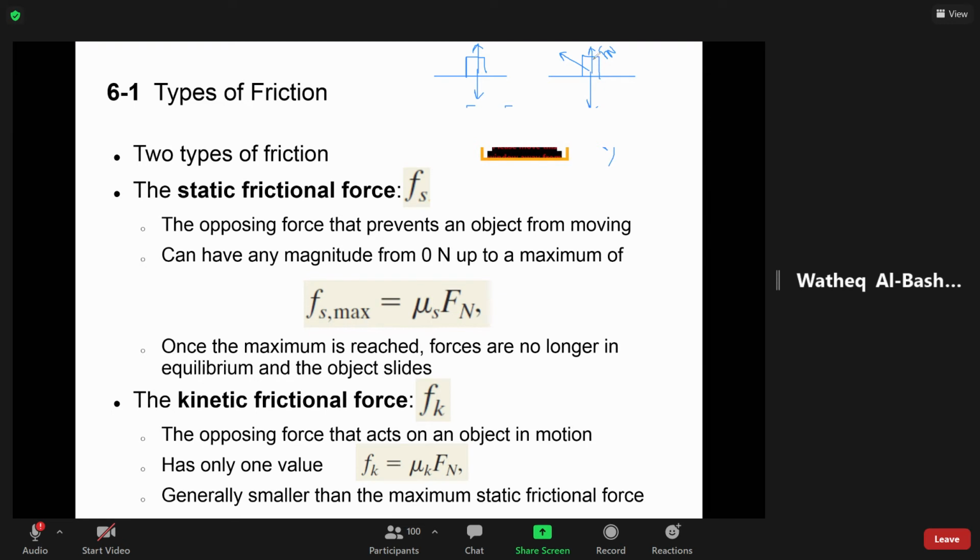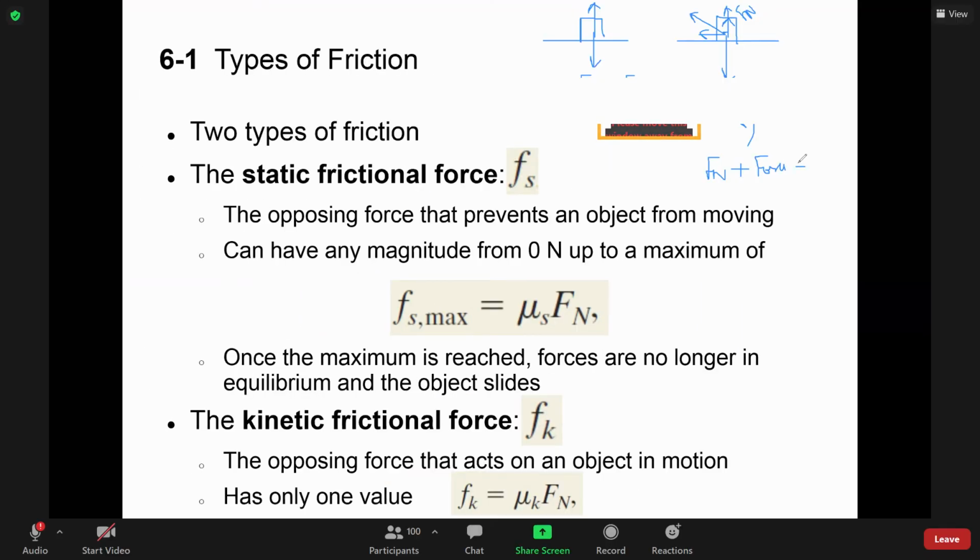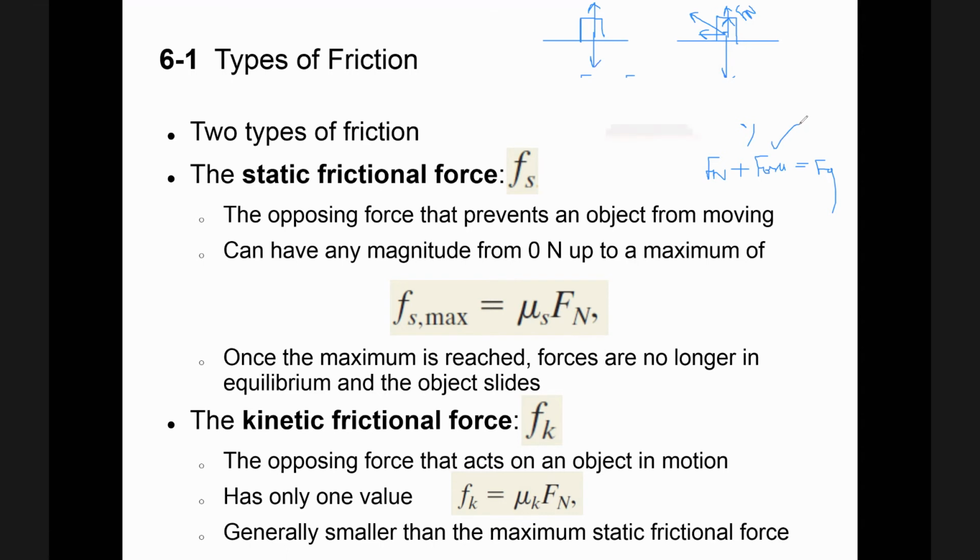Why? Because I need to analyze this force into two components. Now what does the equation become? Fn plus F cosine of the angle equals Fg. This term is added to Fn. Now Fn is different. So Fn can change. If I add a force with an angle, Fn can change.